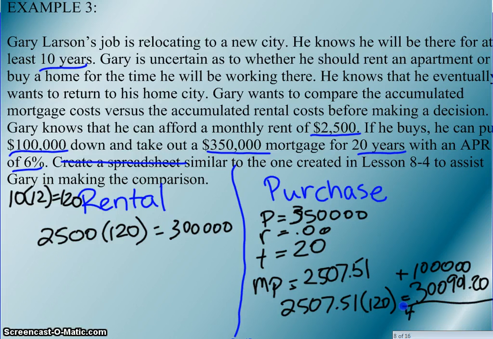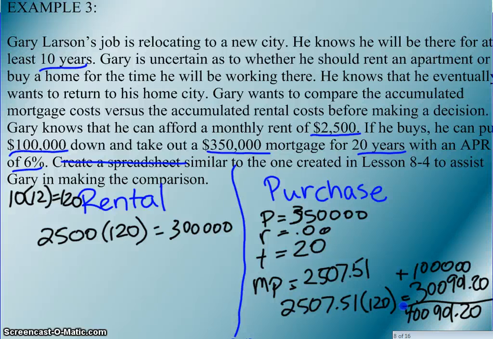So in this period, he's looking at paying $400,901.20, which is clearly $100,000 more than with the rental. So if we just went based on this, then we'd say, well, of course we're going to rent, but let's hold up a second and see if that's necessarily the best thing to do.